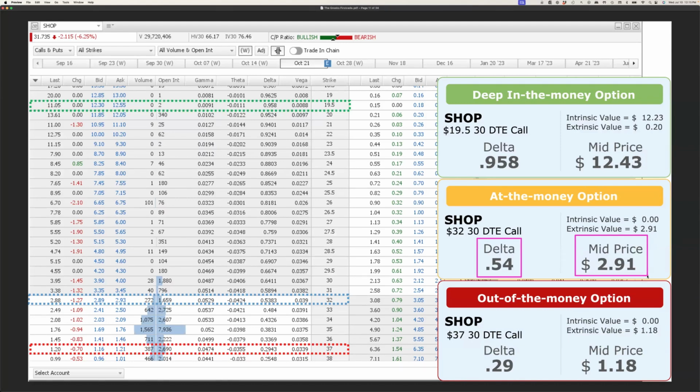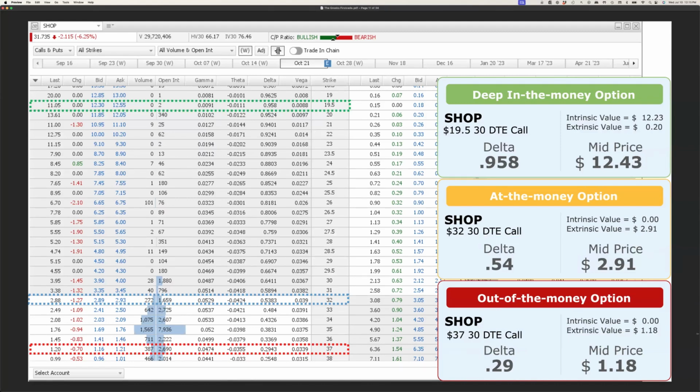And what you're going to get here is a delta of only 0.54. So for every $1 the stock moves up by, you're going to see the value of your option increase by 54 cents. So half the exposure that you get with the deep in the money option at a price that's only about, in this particular case, less than 10% of the stock's value.